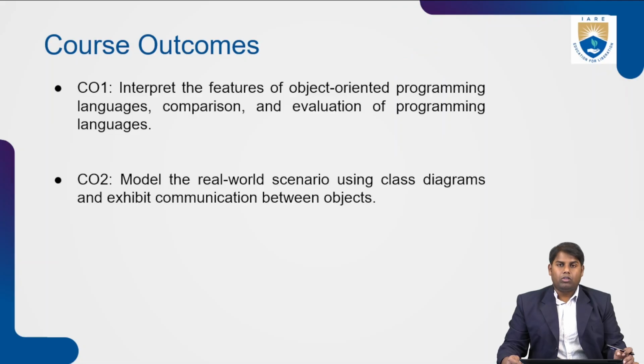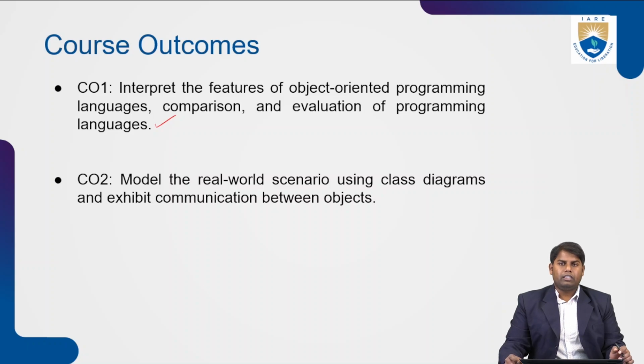Coming to the course outcomes, CO1: to interpret the features of object-oriented programming languages, and the comparison and evaluation of programming languages. Here in CO1, high-level and low-level programming languages are compared.